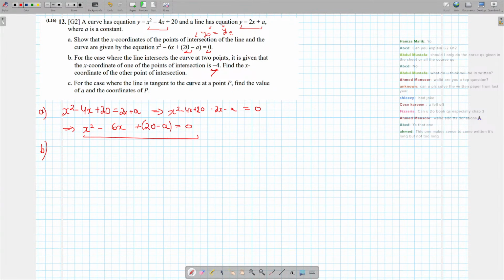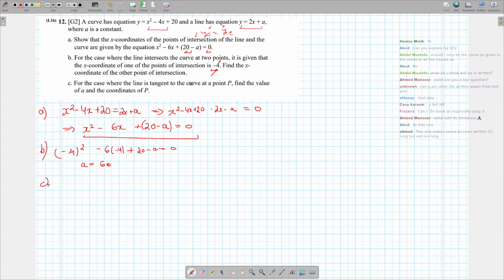They basically gave me x now, so I can actually find a if I have x. So just substitute your x, minus 4 squared, and you're gonna get 16 plus 24, which is 40, plus 20 is 60. So you're gonna get a equals 60. Just solve this equation, guys.